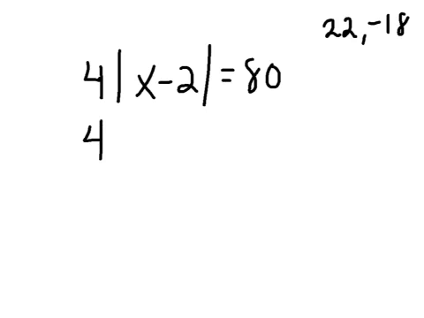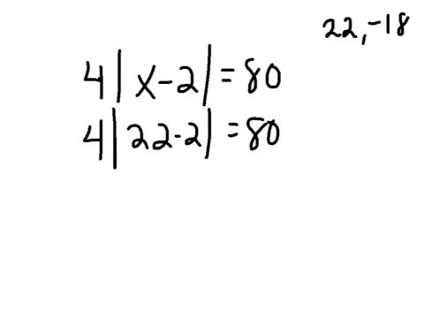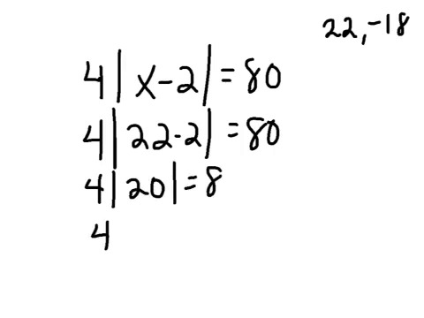So 4 times 22 minus 2, absolute value, equals 80. And so 4 times absolute value of 20 equals 80. And absolute value of 20 is just 20. So 4 times 20 equals 80. And so that works. Let's do the other one.